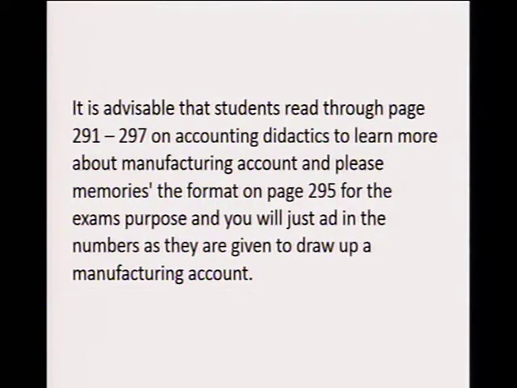And please, students, on page 295, that is again accounting didactics, they have given you the format of doing a manufacturing account. And students, for you to score marks in accounting, it's very important for you to memorize the format, and then when you are given figures for the exam, you just follow the format and add the figures as given.